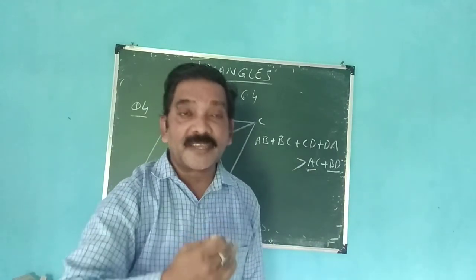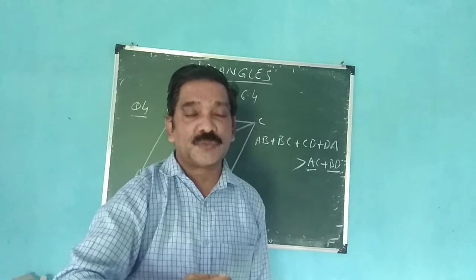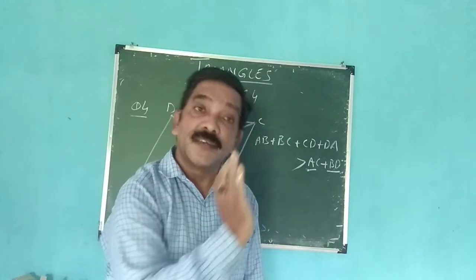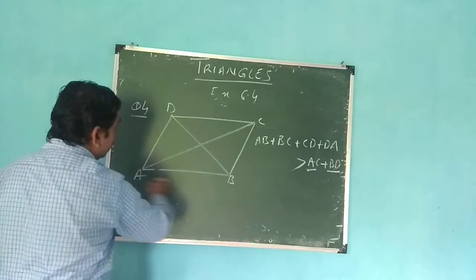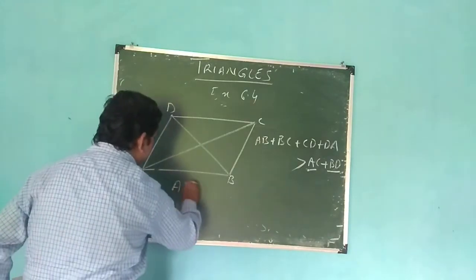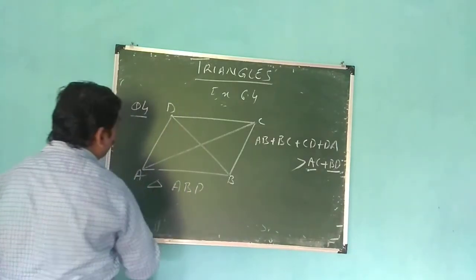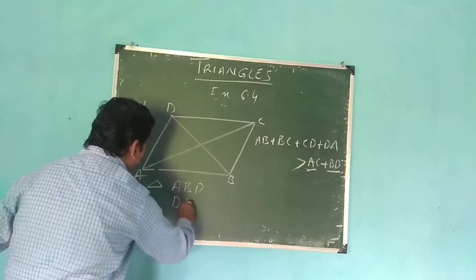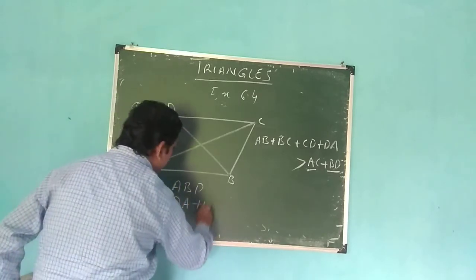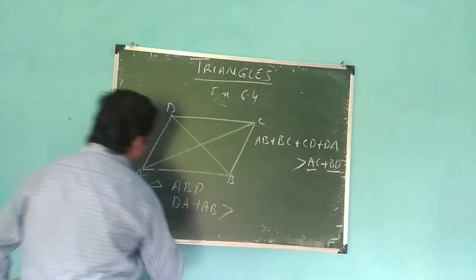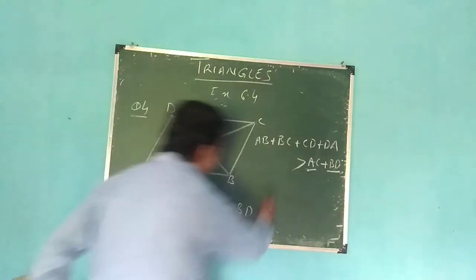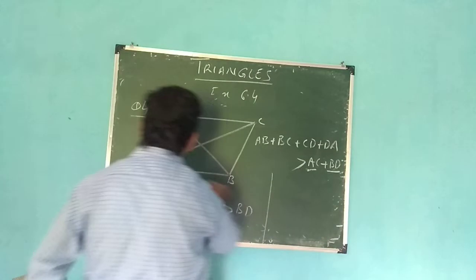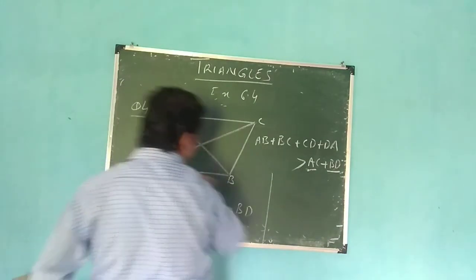You will understand that the sum of those two sides is greater than the third side. Suppose I take this triangle ABD, what will I get? I will get DA plus AB, which is greater than BD. Clear? Similarly, to get AC, which triangle can you take? ACD.